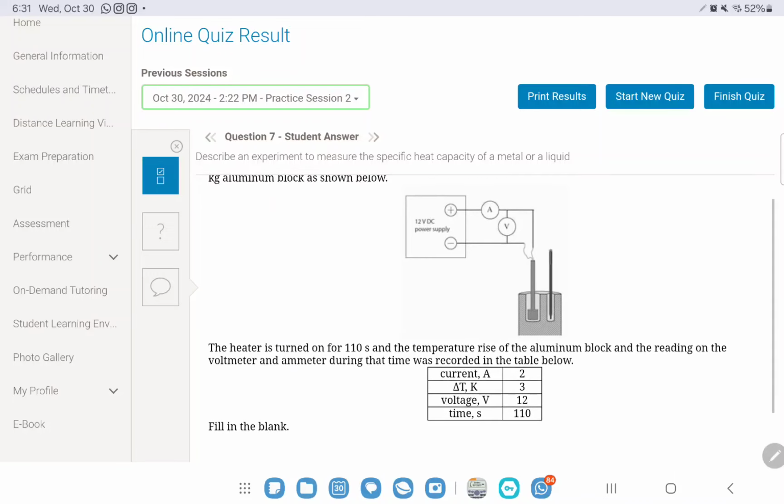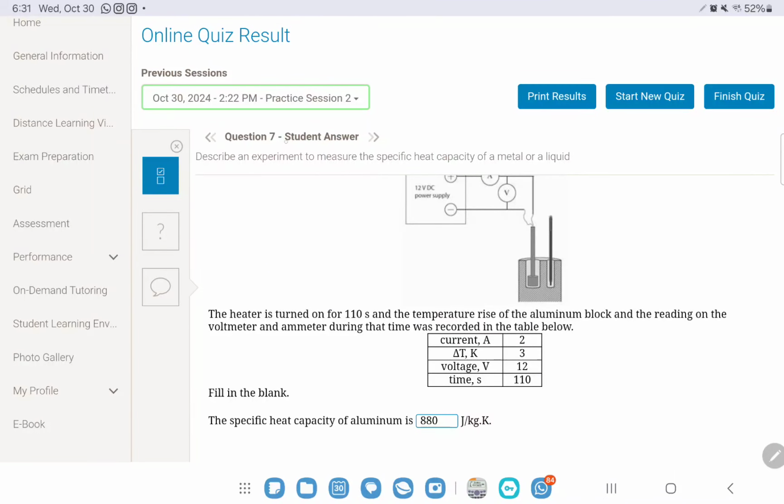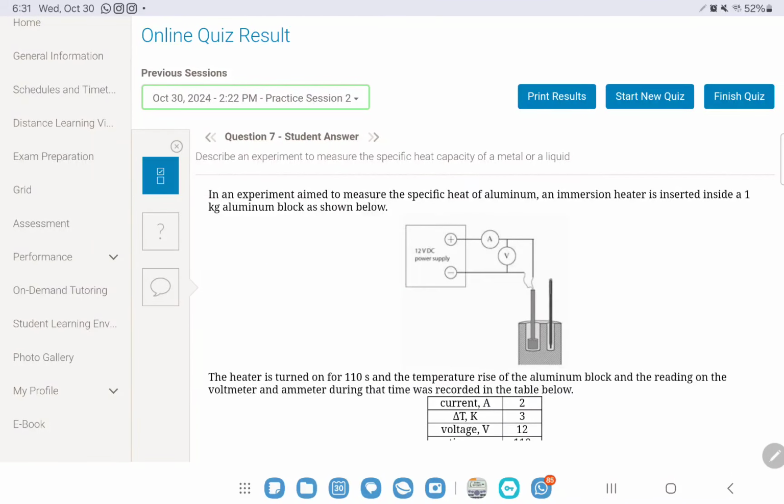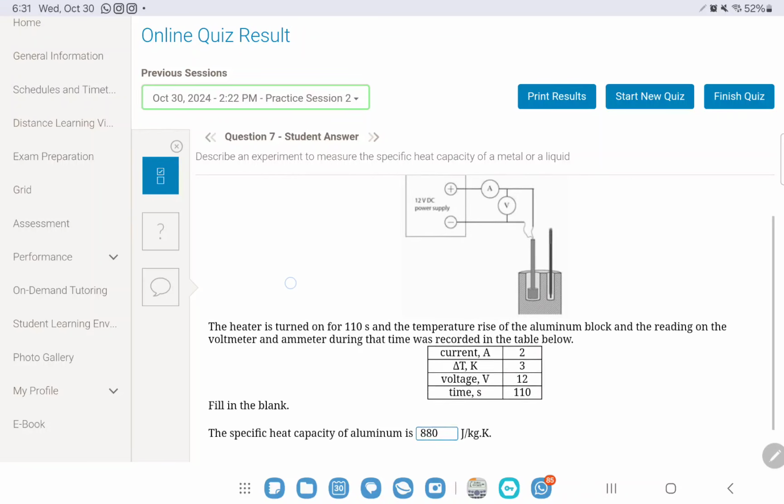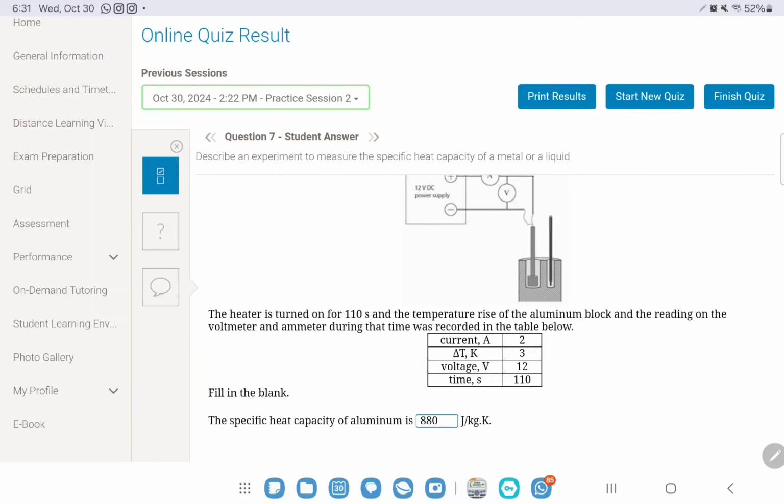Okay, for this question, they gave you an experiment aimed to measure the specific heat of aluminium. The immersion heater is inserted into a 1 kilogram aluminium block. So here we need to use two different formulas. First formula we're gonna use is Q equals IVT.